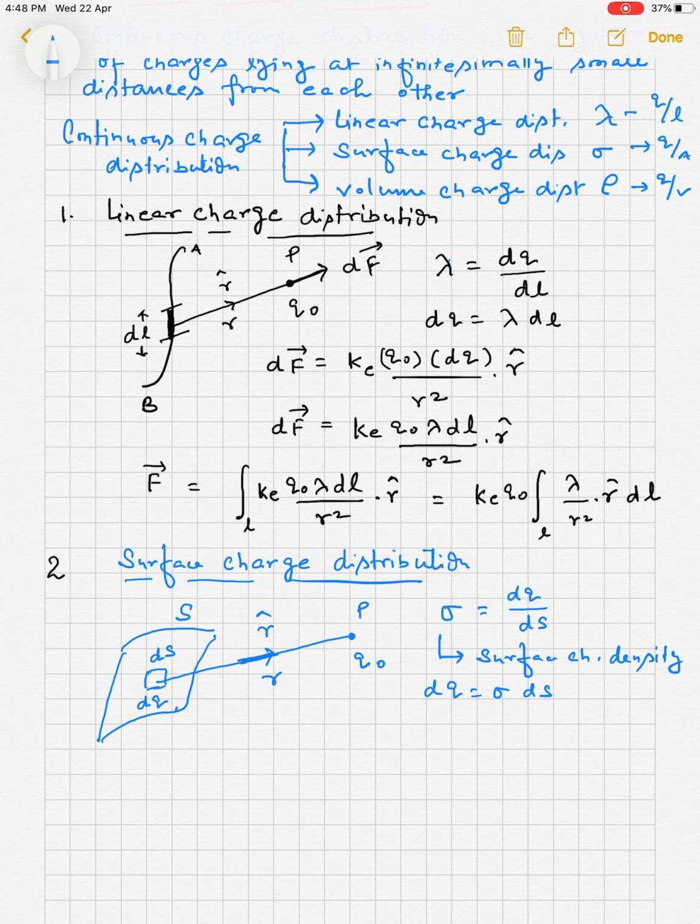According to Coulomb, the force due to this element will be dF. So dF can be written as Ke Q naught into dq, where dq is sigma ds. These are the two charges, Q1 Q2, upon r square, and the unit vector in the direction of force.